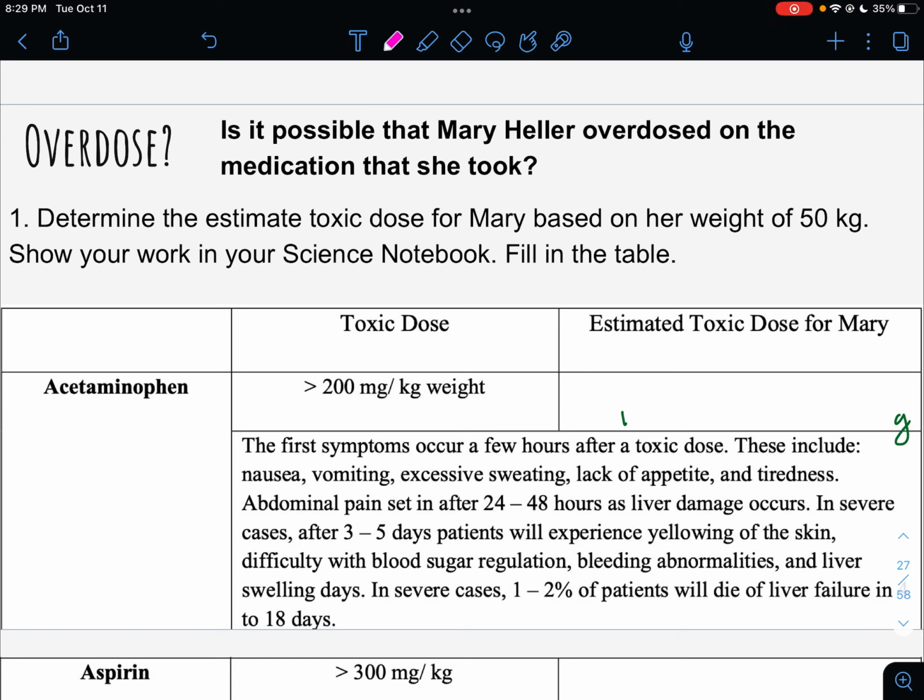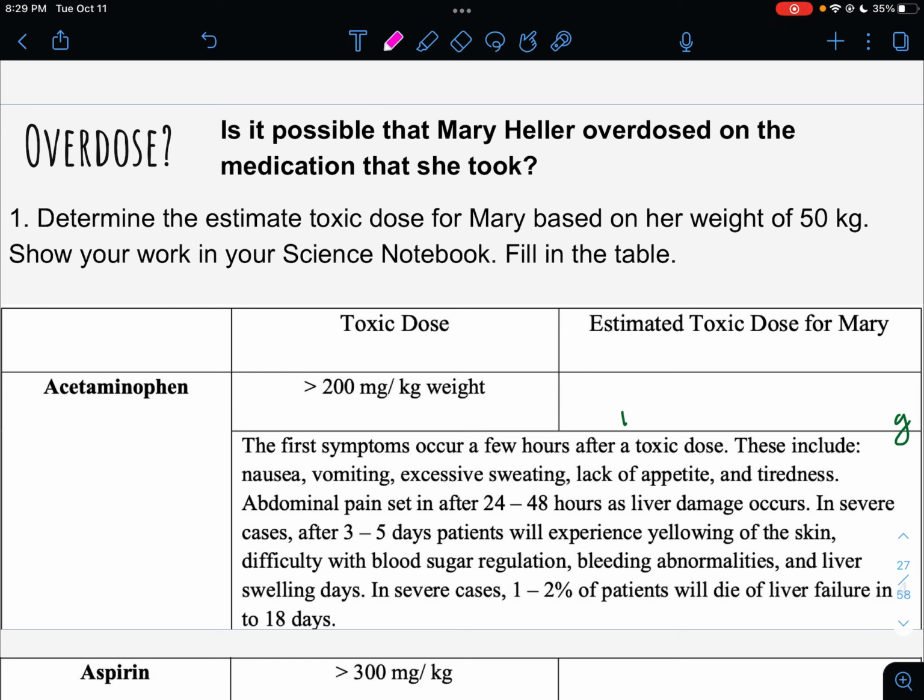So your answer to part C, this is the mass of acetaminophen. Remember, this was the chart where you were determining the mass of the different medicines. So I'm going to scroll back down. We know that the molar mass of acetaminophen was 151.17.